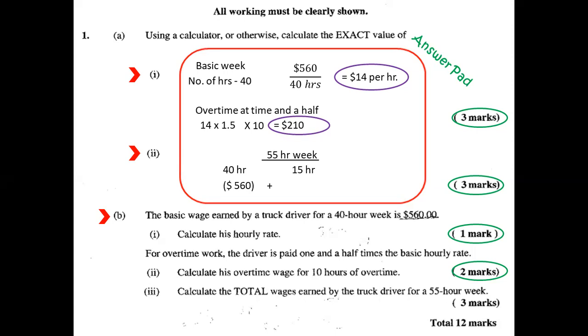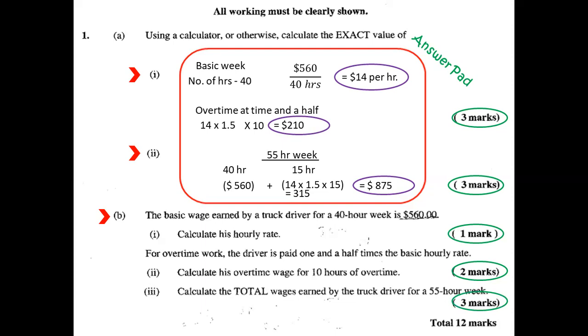So for the 40 hours, naturally, the truck driver was going to get 560. The other 15 hours was overtime. It will be 14 times 1.5 times 15, which is 315. And then the total for that 55-hour week would be $875 for another 3 marks. And that would complete this question 1 in 2009.